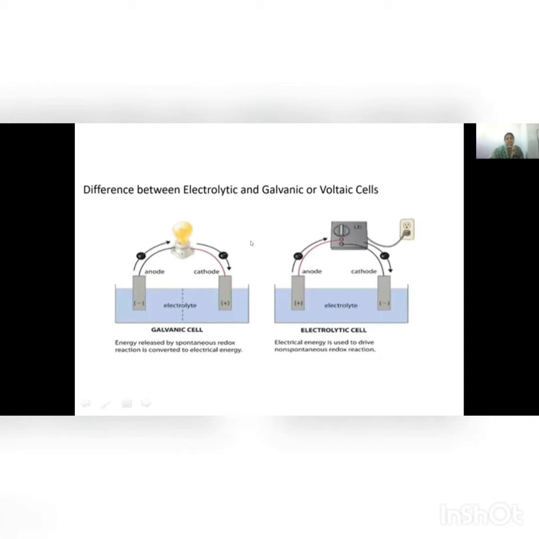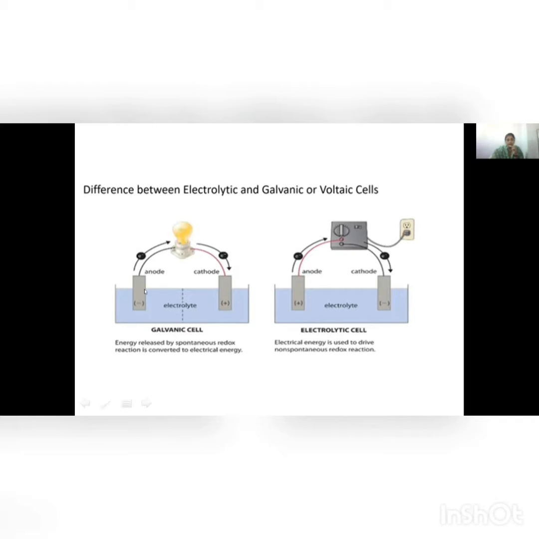Let's see the differences between the electrolytic and galvanic or voltaic cells. In a galvanic cell, chemical energy released by spontaneous redox reactions is converted to electrical energy. In an electrolytic cell, electrical energy is used to drive non-spontaneous redox reactions.